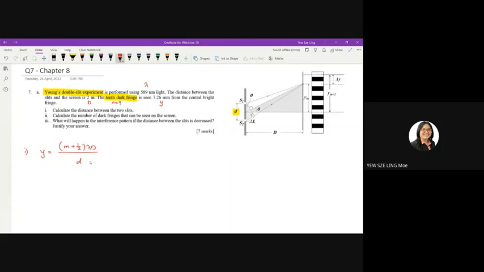And the thing we're going to calculate now is the small letter d. This should be m. So y given is 7.26 mm. Make sure to change everything into SI unit.